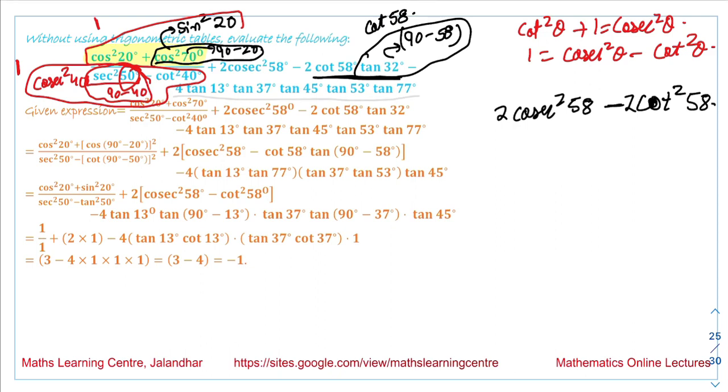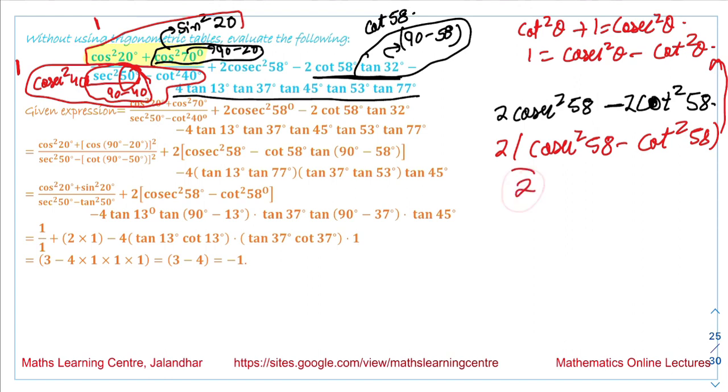Now first we are solving this. If we take 2 common from this, we are left with cosecant square 58 minus cot square 58. Again, by using this identity, we are left with the answer 2.